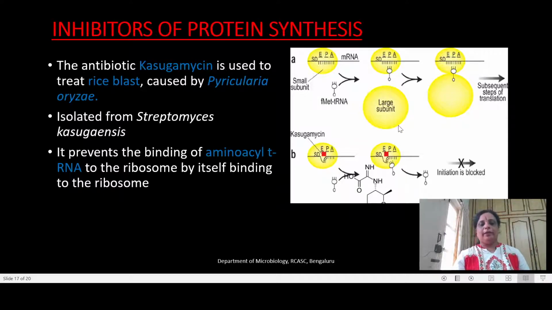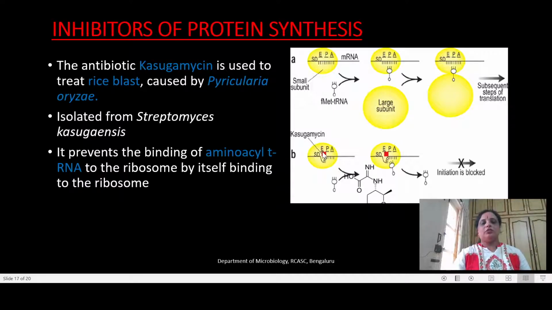Here, what kasugamycin does is it prevents the binding of this amino acid tRNA onto the ribosome. This is the amino acid tRNA, which is supposed to come and bind onto the ribosome, that is, it has to bind and leave the amino acid over there.